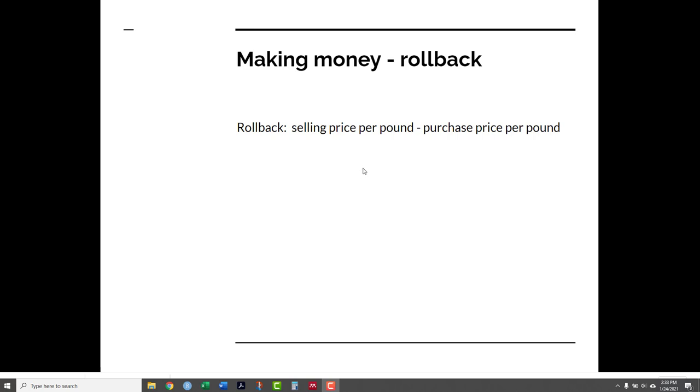You just take the selling price per pound and subtract the purchase price per pound. Almost always, if you look at any cattle market, in stocker and feedlot cattle, the heavier cattle get, the lower the price per pound.